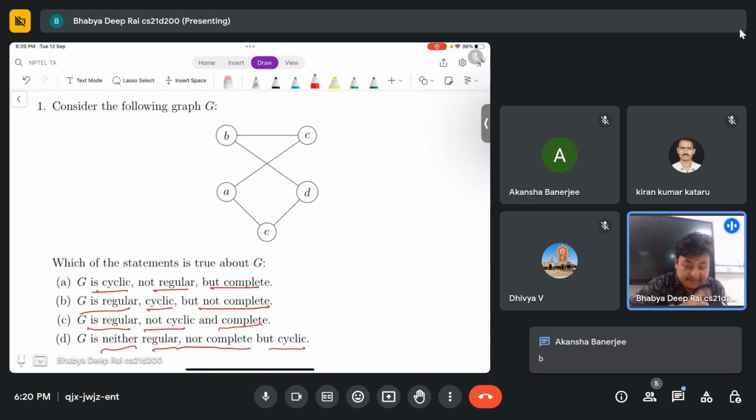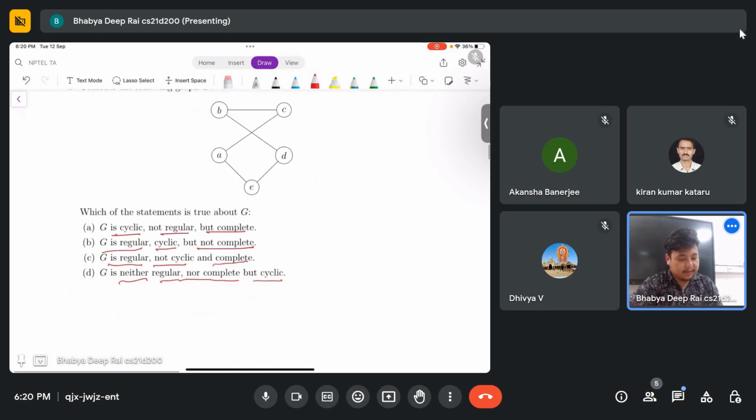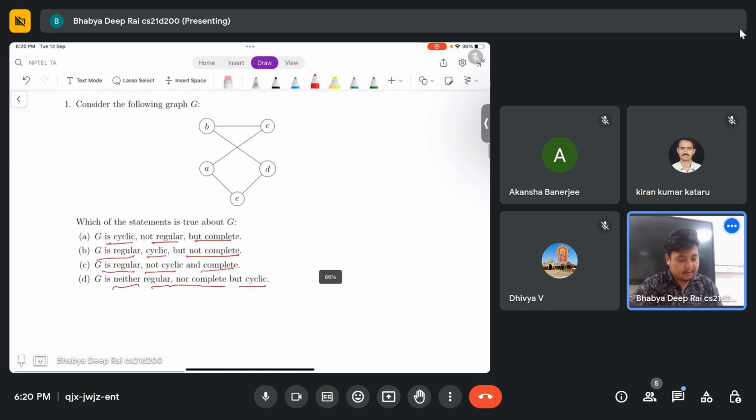Okay, our answer is B. So G is regular, cyclic, but not complete. Yeah, good.